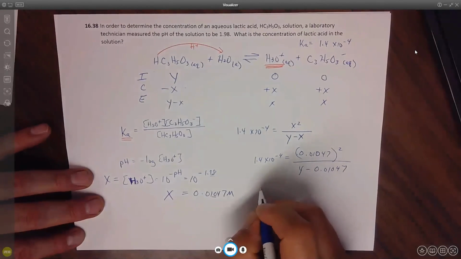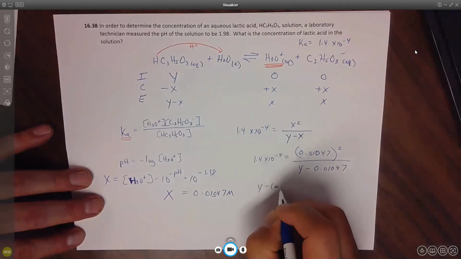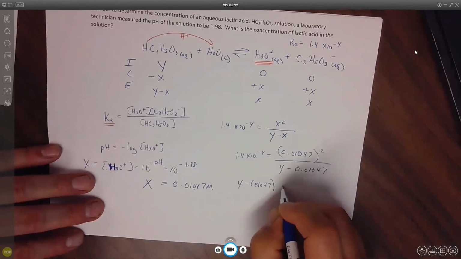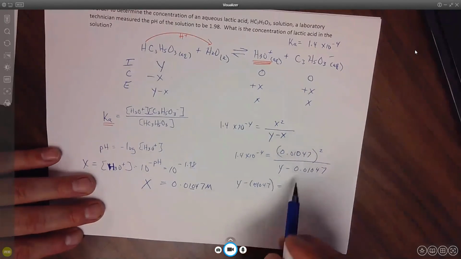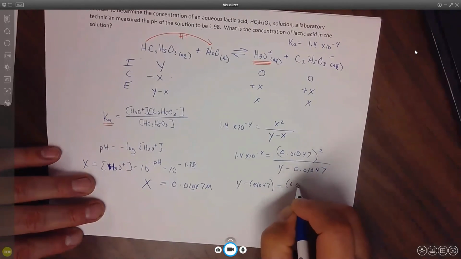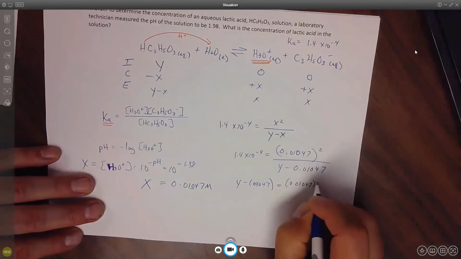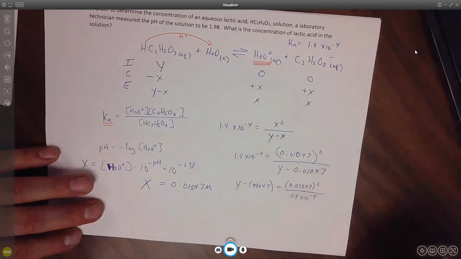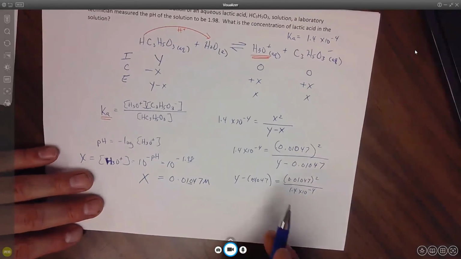We'll divide both sides by that, so this would be 0.01047 squared divided by 1.4 times 10 to the negative 4, and then we'll add this value to both sides.